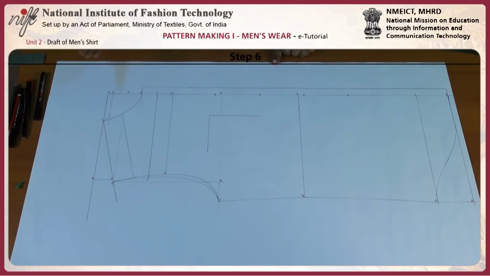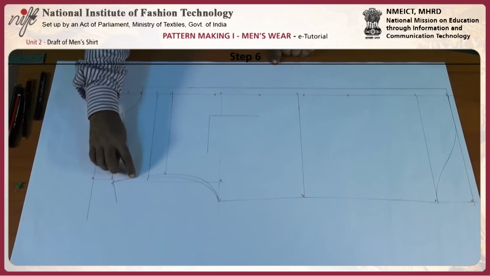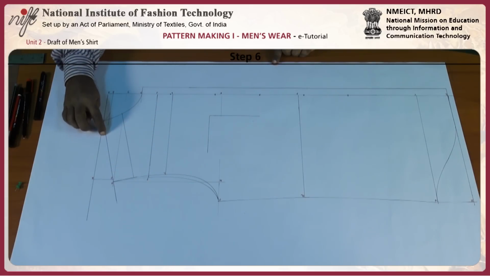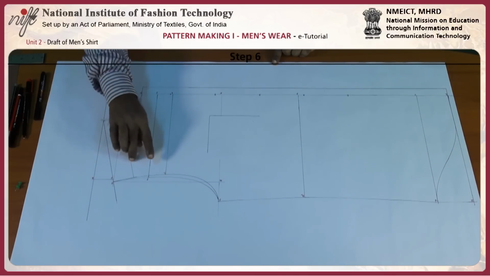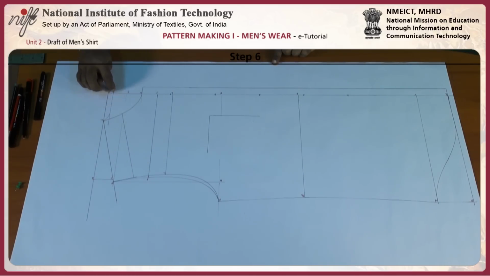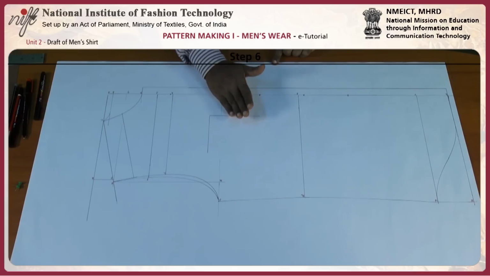Now we are taking it further. In this step, the front portion whichever I have drawn here, the 4 centimeter drawn line which is parallel to the natural shoulder line, can be taken to the back and shows the yoke part of the shirt. Then this yoke part will separate the front pattern as well as the back pattern.